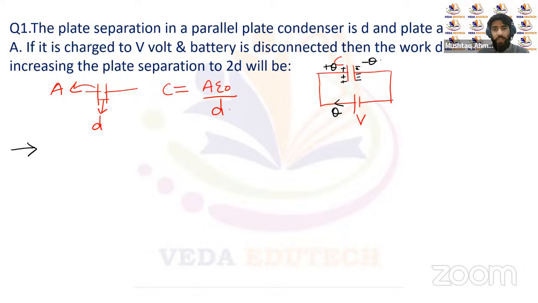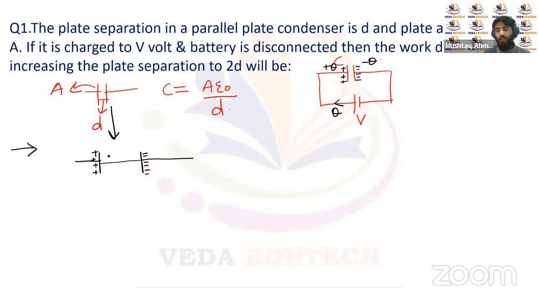So what happens is that we suddenly disconnect the battery, and what we do is just increase the separation between the plates of the capacitor, right? And if we increase the separation between the two plates of a capacitor, then what's going to happen?